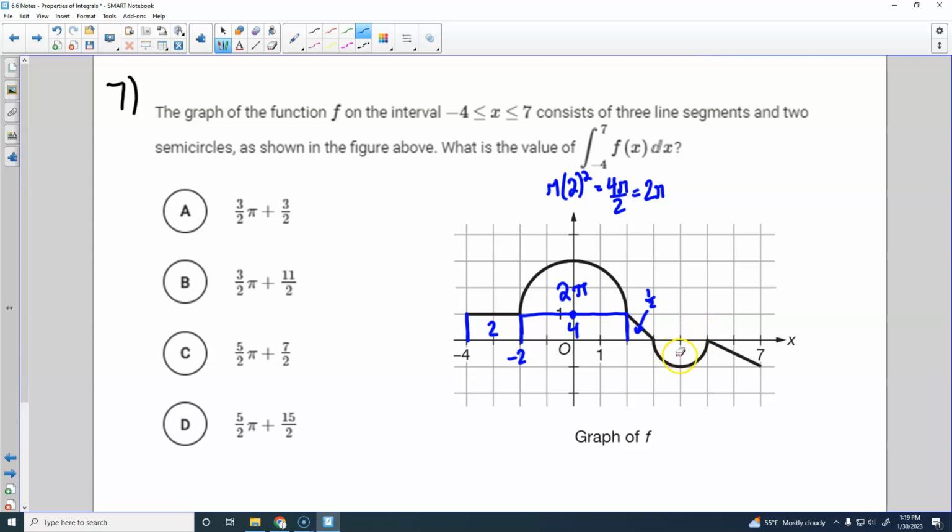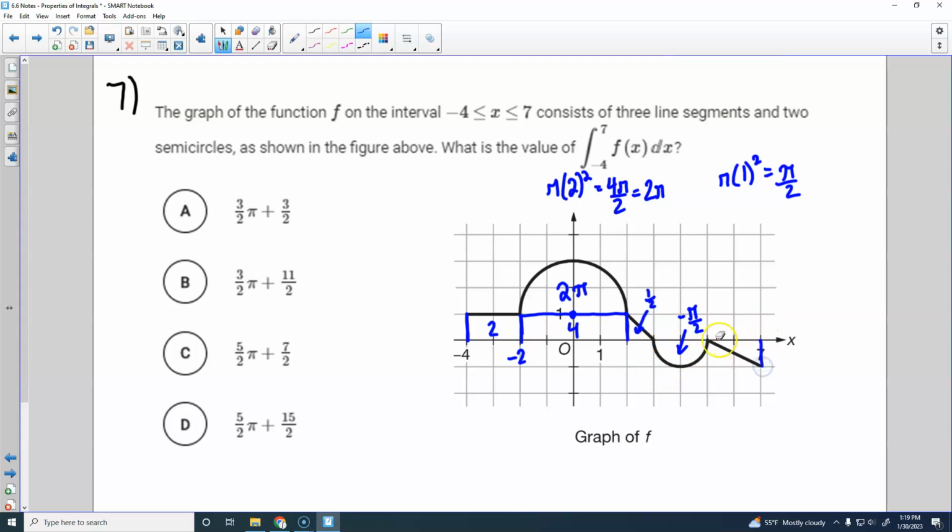So right here, we're looking at this semicircle right here that would be pi times 1 squared, which would give us just pi. And we would have to take half of it because it's just a semicircle. But we would count this value as a negative value because it's below the x-axis.